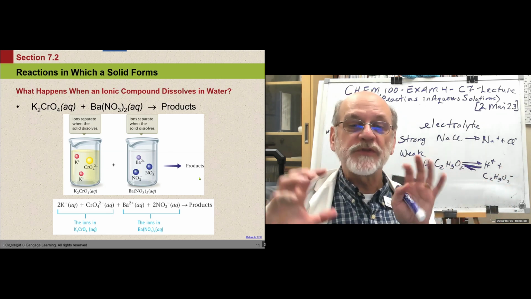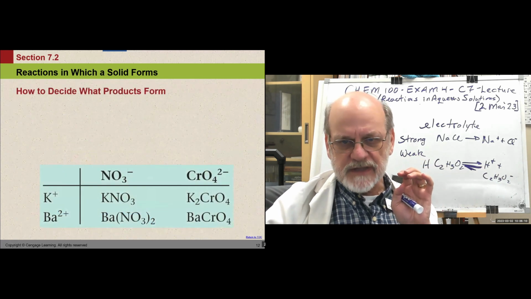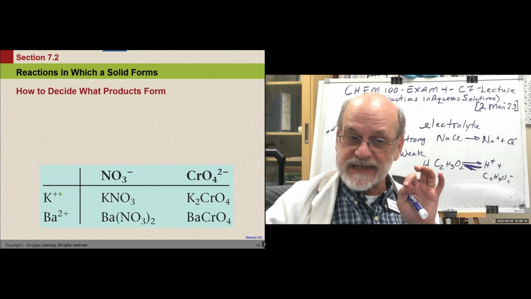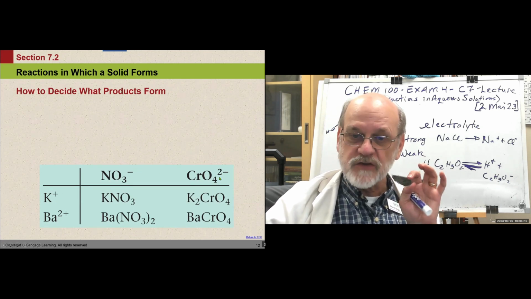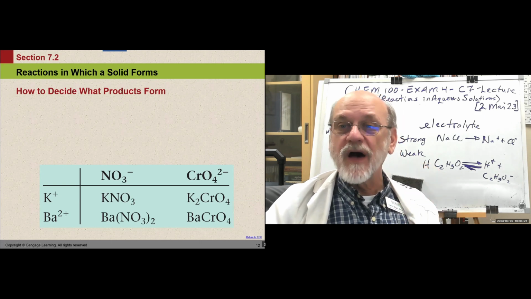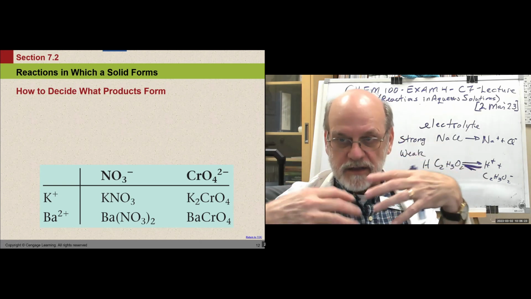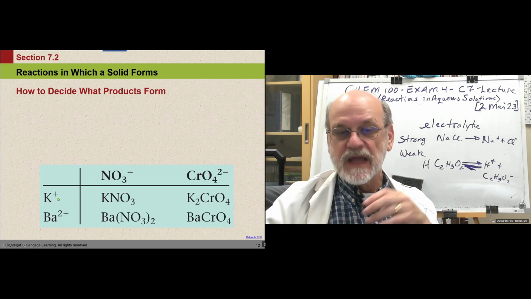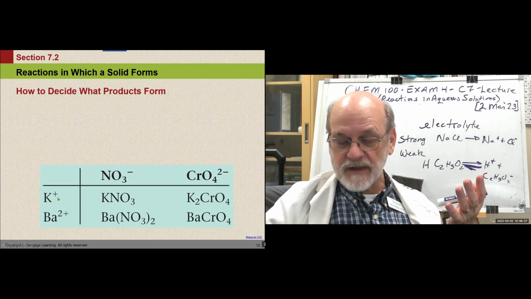So what happens when we put them together? Let's see, is he going to show us? Yes. When we put them together, these independent ions, the potassium ions, the barium ions, the nitrate ions, and the chromate ions are now able to interact. They are in the same environment. And you have possibilities, right?